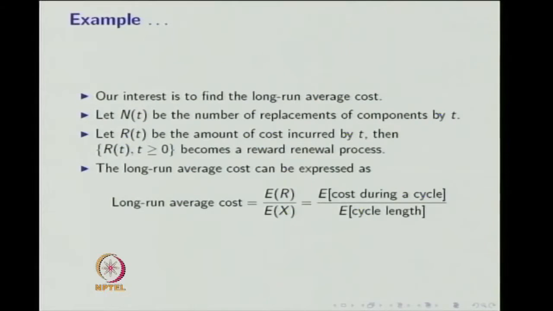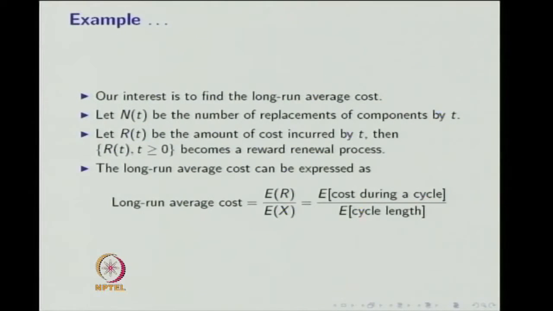Let R of t be the amount of cost incurred by time t. So this is a reward renewal process. The long-run average cost can be expressed as the ratio of expectation of R by expectation of X, which we are going to conclude later. Now we are using that the long-run average cost is the expectation of R divided by the expectation of X.